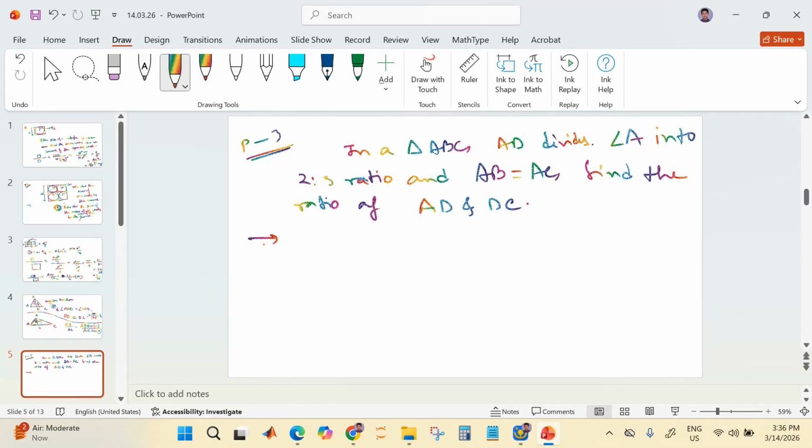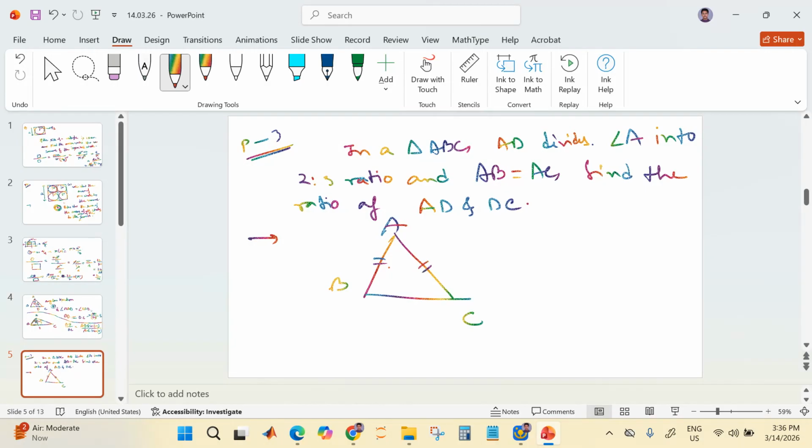Yes, actually look, it is given AB equals AC. Suppose a triangle whatever, in this triangle it is ABC and these are equal.